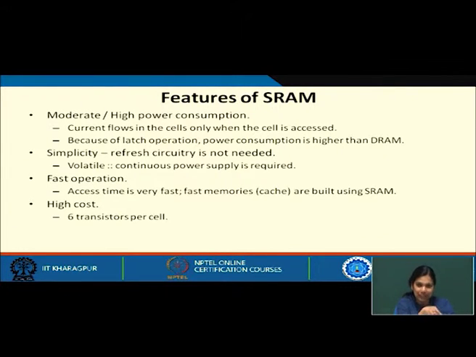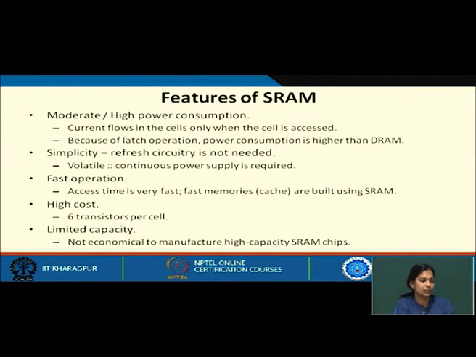Also, the space it takes is more, so the cost is high. And of course, it has limited capacity, because we cannot build a very large SRAM, as it requires 6 transistors per cell.